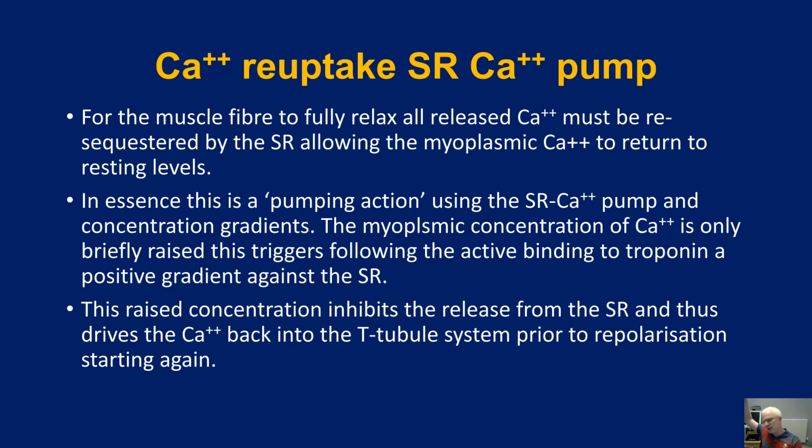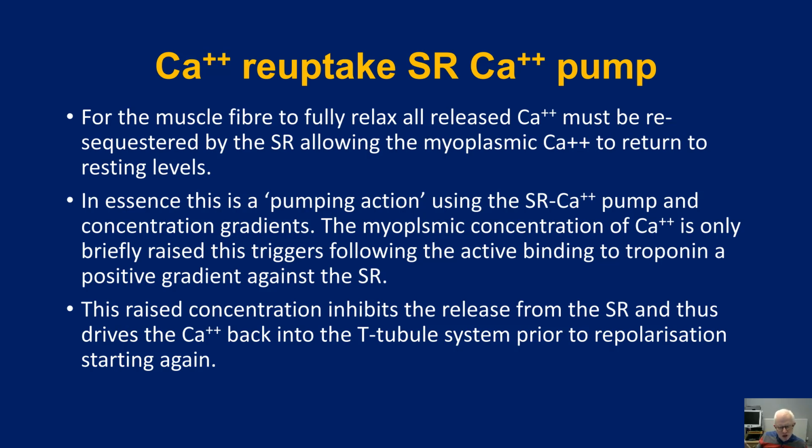By pumping it back in, the calcium levels in the myoplasm, in the sarcomere, decrease. And it's a pumping action. And it uses what's called the sarcoplasmic reticulum calcium pump. So what happens is because the concentration is high, it's a very clever system: as the concentration reaches a peak within the myoplasm, that then prevents the release of any more calcium from the sarcoplasmic reticulum.